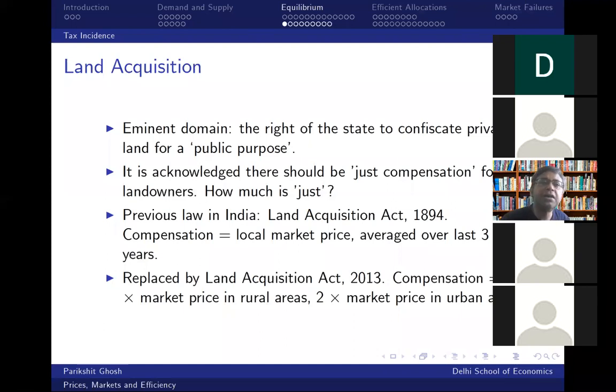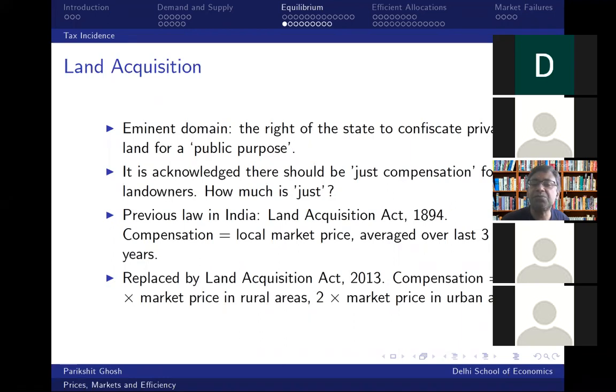Now, there are, of course, downsides to it. One thing which people have talked about, even before you bring in more nefarious possibilities, is that states compete with each other in attracting big lucrative projects which can generate a lot of jobs, and that creates a problem of race to the bottom, right?